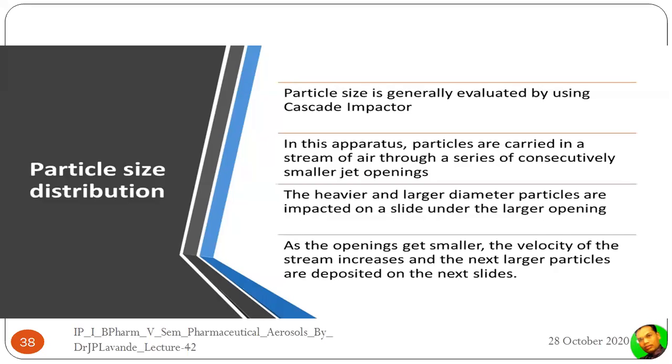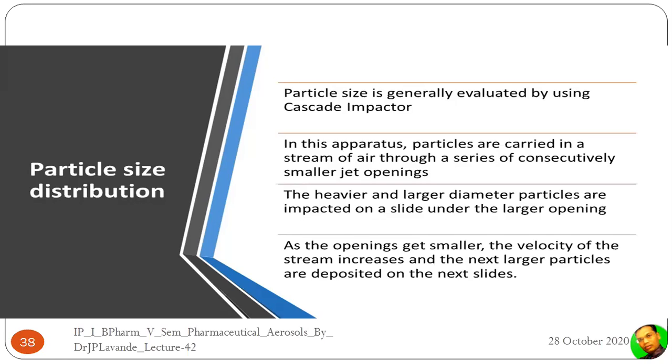See, all the tests or descriptions are there that you have to imagine. There is a system for particle size distribution in the case of pharmaceutical aerosols. This can be evaluated by using which particular apparatus? It is the cascade impactor, right? So sometimes this may be asked in MCQs. In this apparatus, the particles are carried in a stream of air through a series of consecutively smaller jet openings.